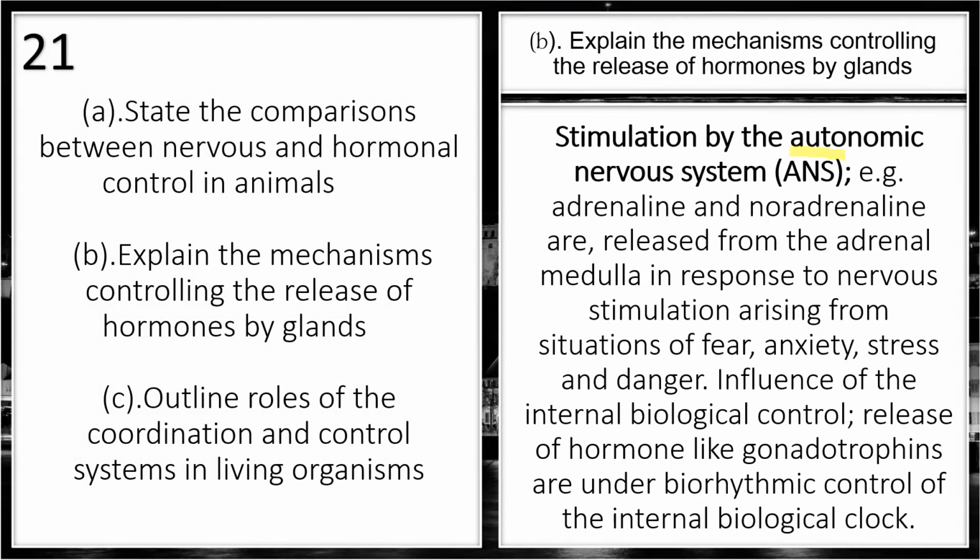Stimulation by the autonomic nervous system. For example, adrenaline and noradrenaline are released from the adrenal medulla in response to nervous stimulation arising from situations of fear, anxiety, stress, and danger.